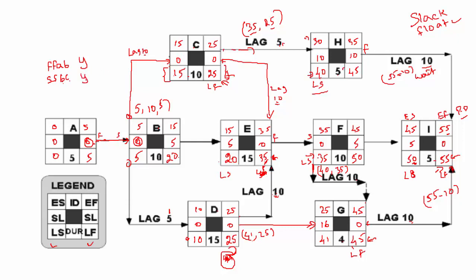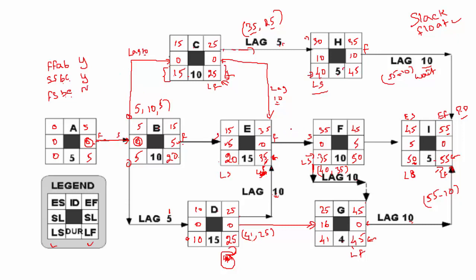So yes, it is critical. All right, let's do BE. For activity BE, the relationship is finish to start. Is it critical? No, because see, there are values here. There should be 0 on both sides. So we will say no, it is not critical.